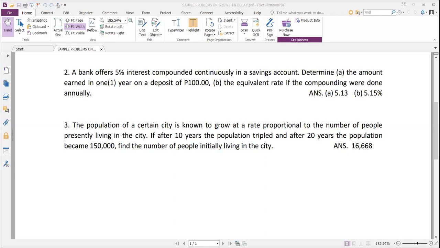These are conditions given in the problem. Now the problem is asking you to determine the initial population A sub 0. Okay, so if compared to the first two sample problems, the difference here is you were given two conditions. So we go now to the equation that you can use.